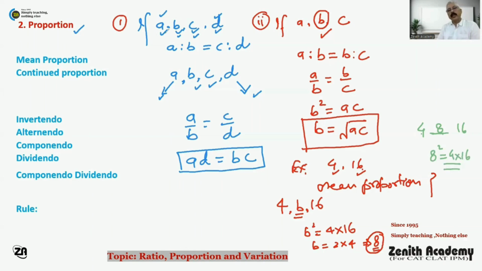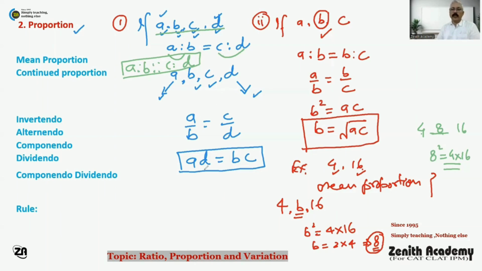So if there are four numbers A, B, C, D in a proportion, then the ratio between A is to B is equal to C is to D. It can be represented as A is to B this way also. Right? Four numbers in proportion can be represented as A is to B and this is C is to D. So now it is clear.